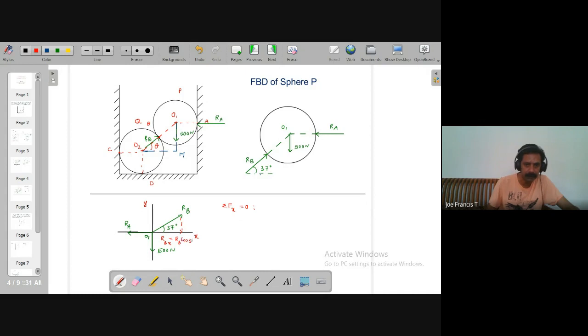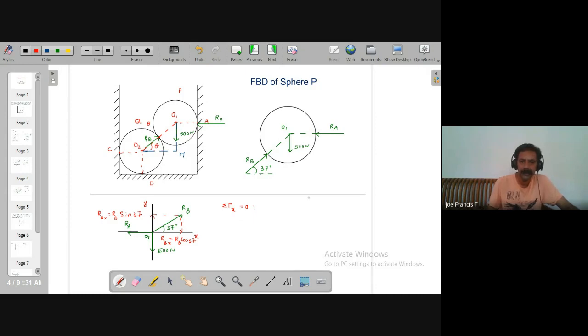And if you resolve RB in the y direction, you have one component here, RBY, which is RB sine 37.